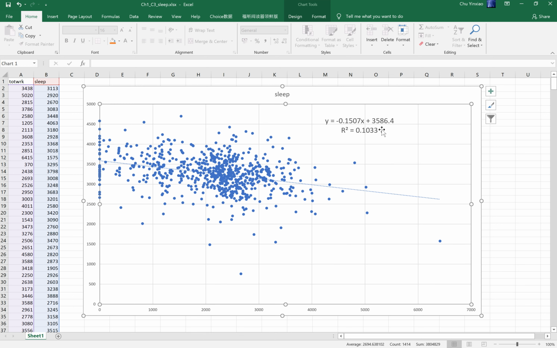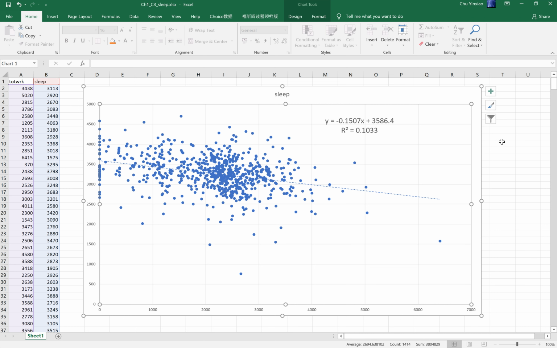Beta 0 is estimated to be 3,586. This is the total minutes you sleep if you don't work during the week.